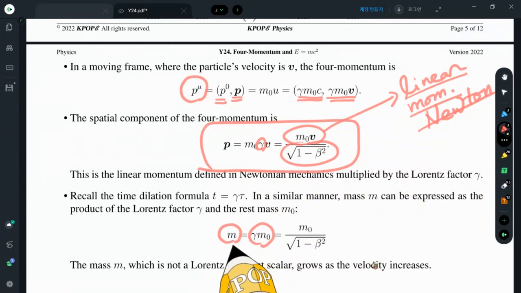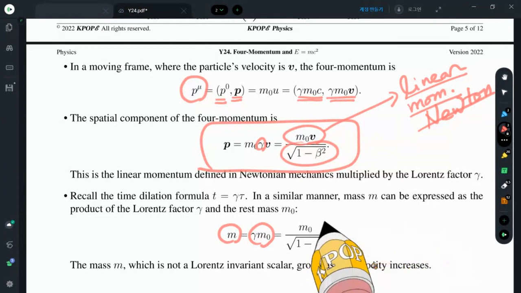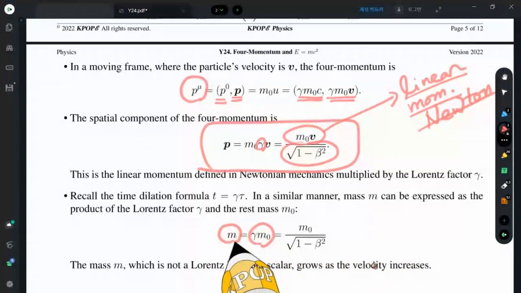And we find that the mass of a particle depends on the velocity, and as it reaches the speed of light, the mass of a particle can be increased to an arbitrarily large number. That's the reason why whatever energy is used to accelerate a particle, it cannot exceed the speed of light, because the mass becomes arbitrarily heavy.